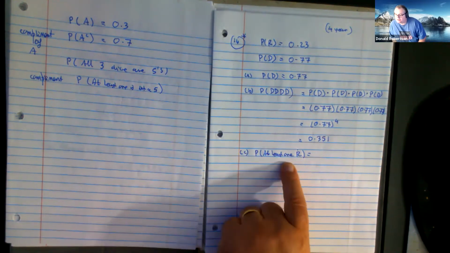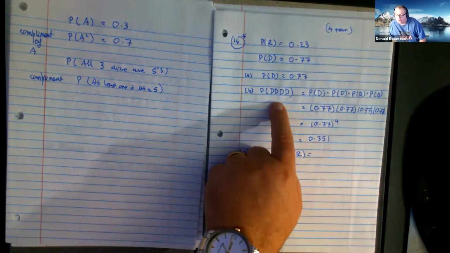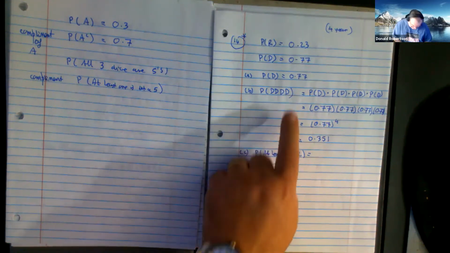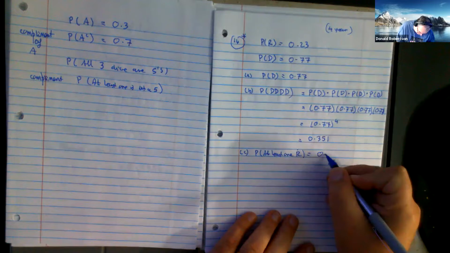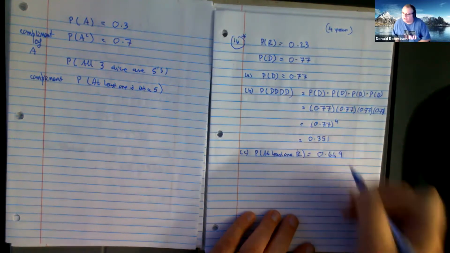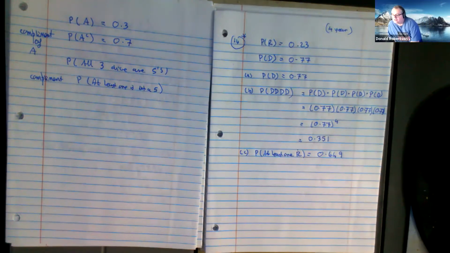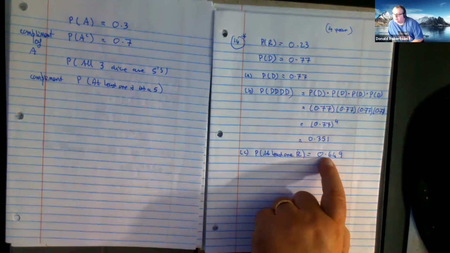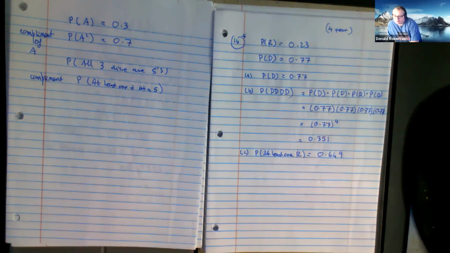Right, at least 1 day of rain is the exact opposite of all 4 days being dry. And so won't the answer just be 0.649? I don't need to multiply anything together. I don't need to do some weird calculations. I can use this result to find that result. So that's an example of one of those at least 1 situations.